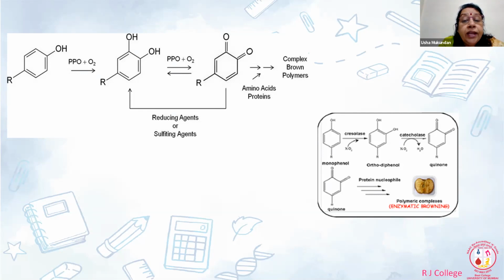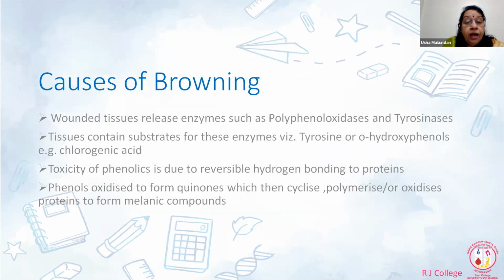So how do you take care of tissue browning? That is what we will be learning. What are the causes of tissue browning? The wounded tissue releases enzymes such as polyphenol oxidases and tyrosinases. As I told you, tyrosinases will utilize a substrate that is tyrosine.